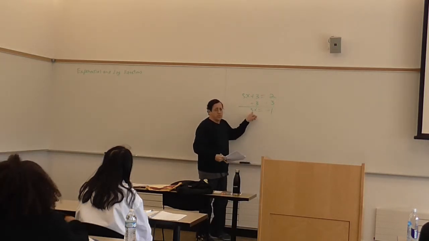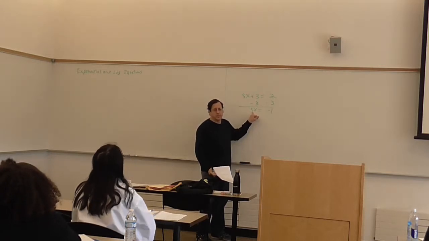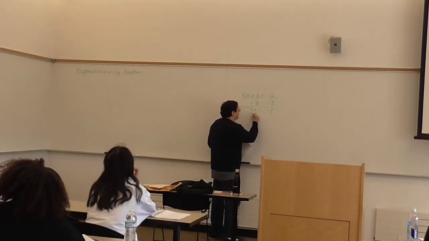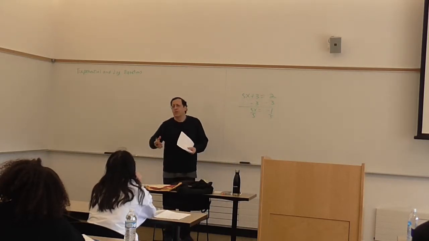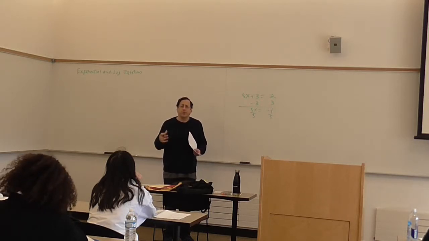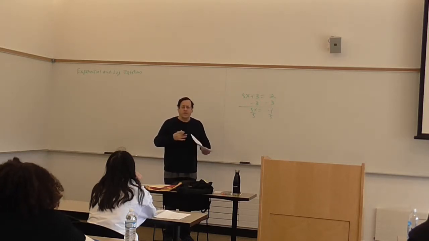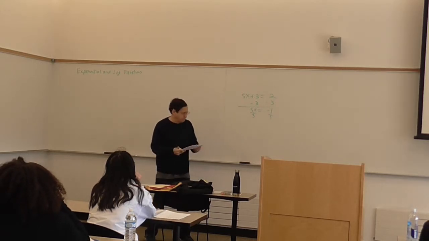And then we would divide, because division is the inverse of multiplication, right? So we're going to use that same feature of exponential and log functions. They're inverses, so we can kind of undo one with the other when we need to.